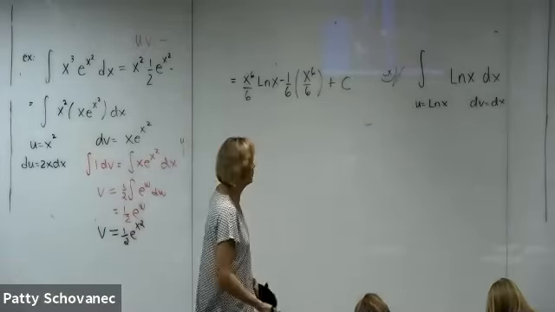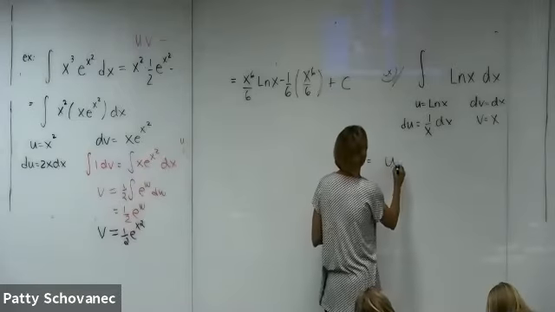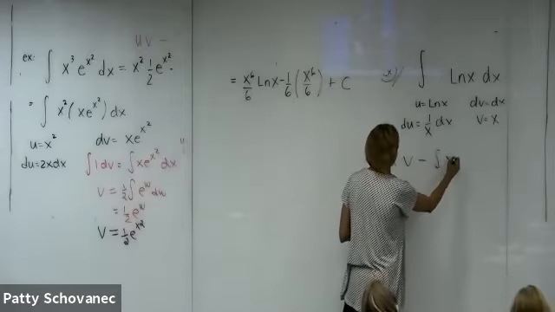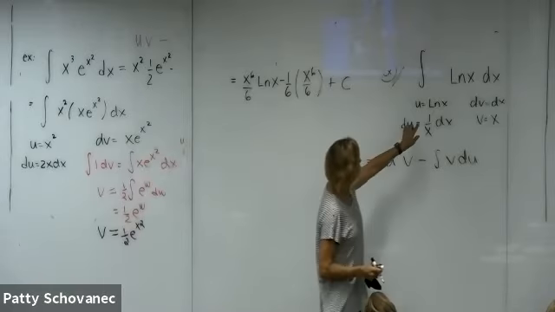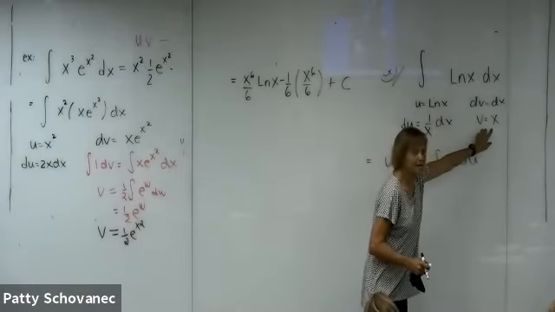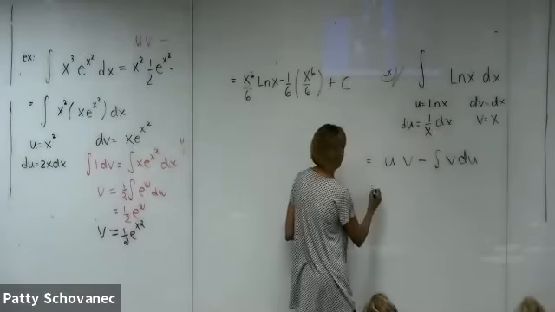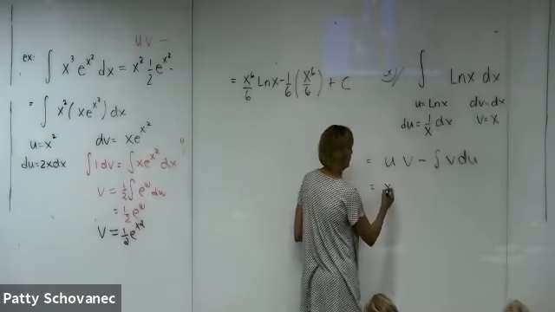So if we use integration by parts on that, we now set up our uv minus the integral of v du. So my uv will be the natural log of x times x. Minus the integral of v, well, v is x, du is 1 over x dx.